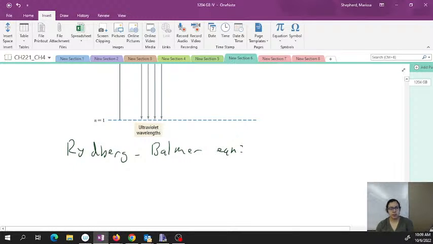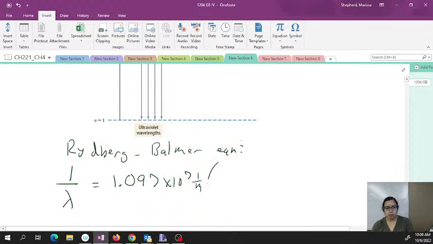And so all this is inverse wavelength is equal to, and this is just a constant. So that was the constant that he found as he's trying to figure out what might make sense for these different energy levels. So it's 1.097 times 10 to the 7th inverse meters. So that's going to match with our units of inverse wavelength. So we'll get out meters.